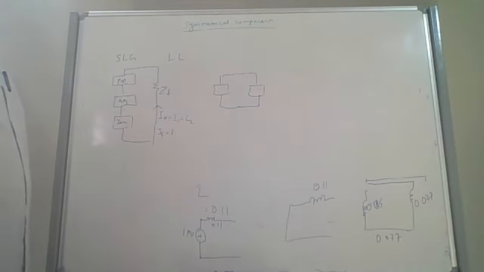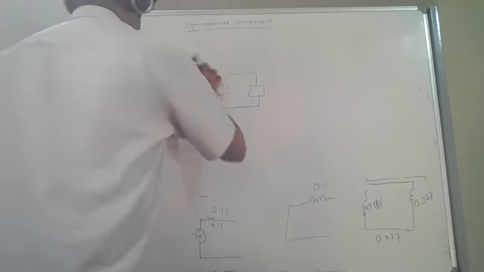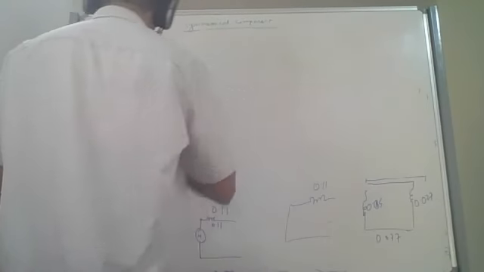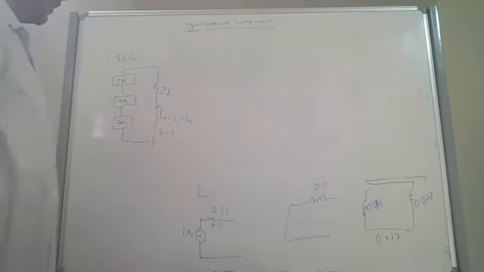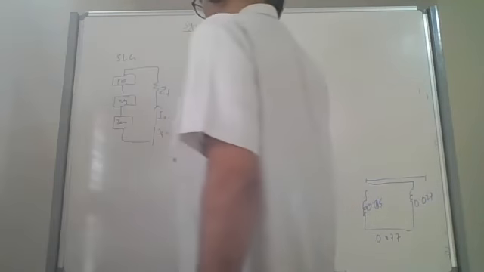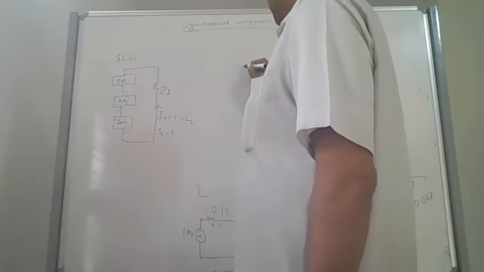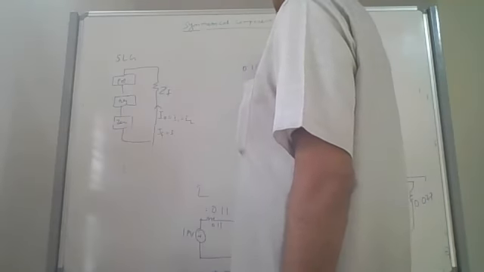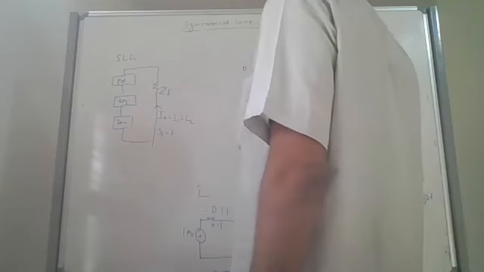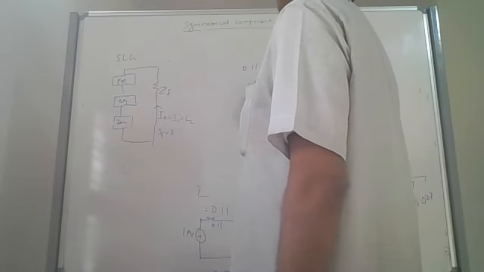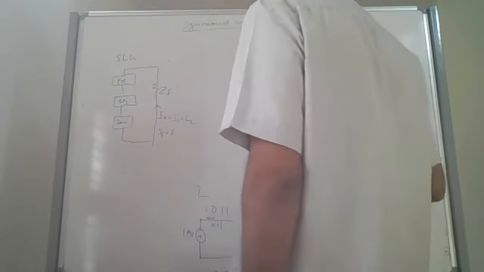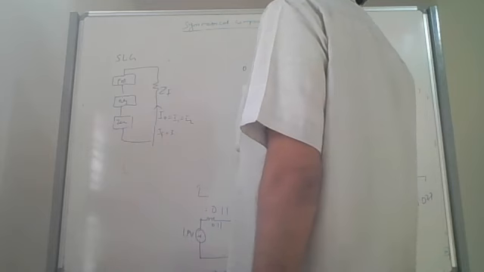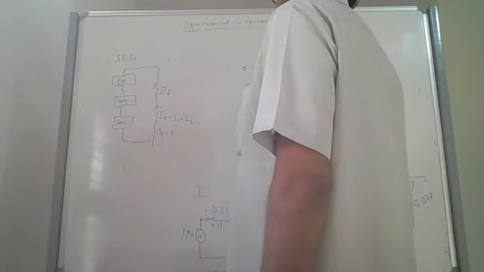Now for me right now, this is very important. I will concentrate on this. So the positive sequence impedance is how much? 0.11. The negative sequence impedance is also 0.11, and my zero sequence impedance was 0.077.